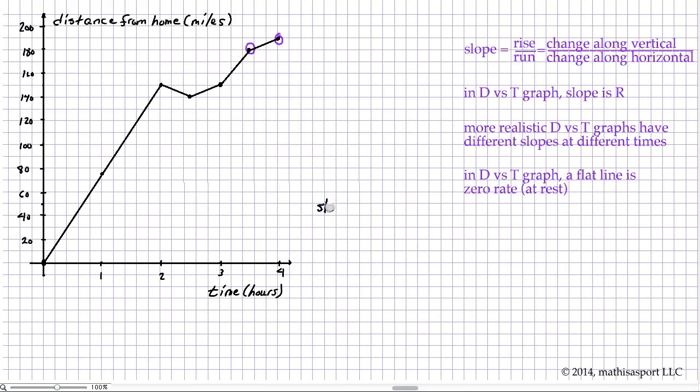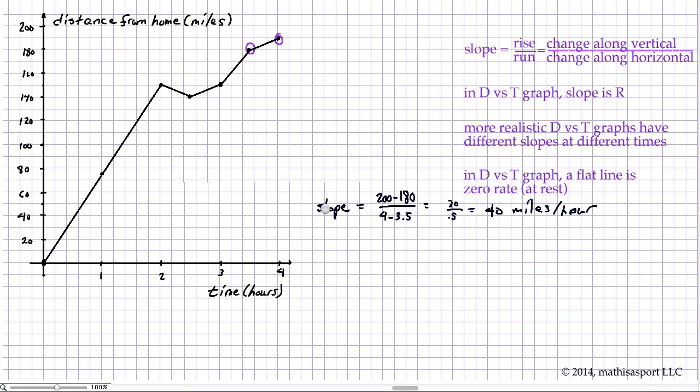Let's see, slope. That's going to be 200 minus 180 over 4 minus, in this case, 3.5. It's going to give us 20 over 0.5, or in other words, there at the end, this person's going 40 miles an hour.